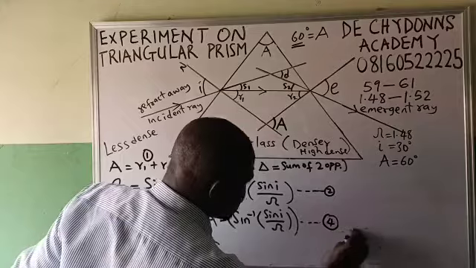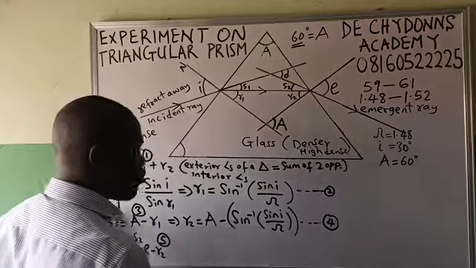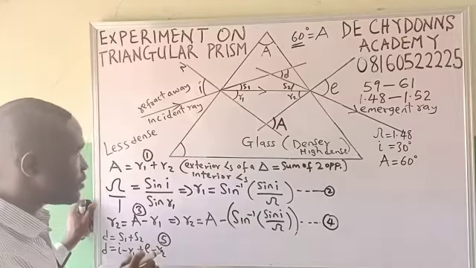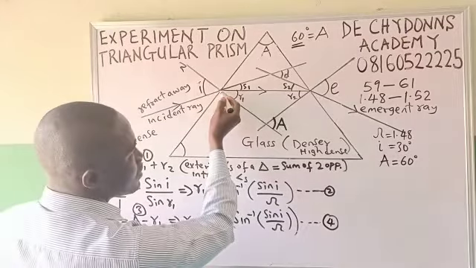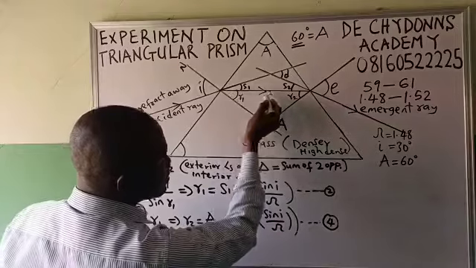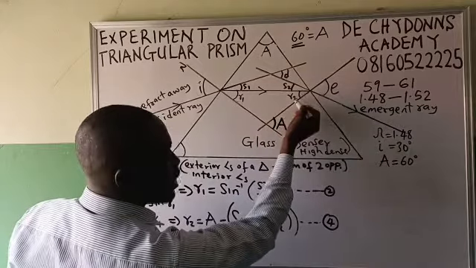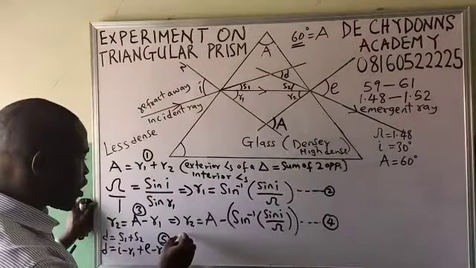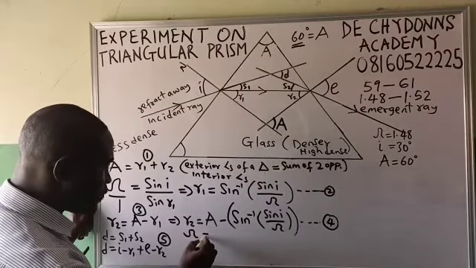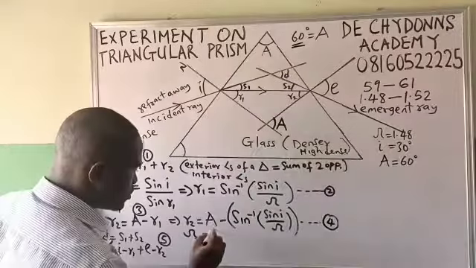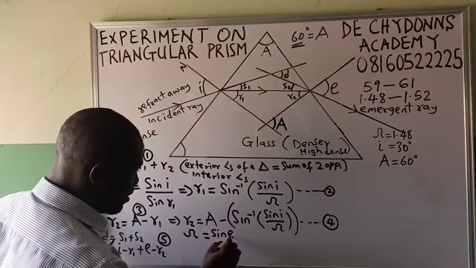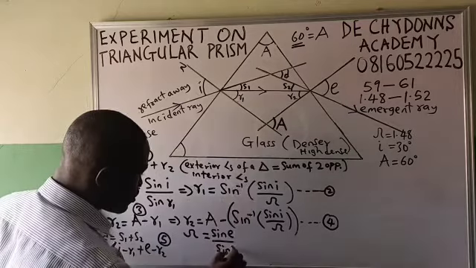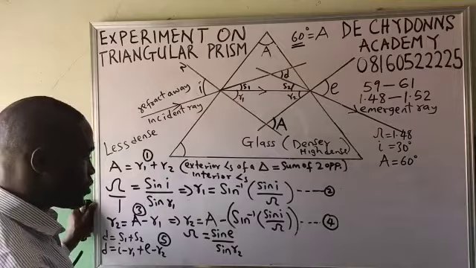Now, what is the value of E? We have not talked about that. So to get the value of E, look at this refracted ray. Look at R2 and look at E. Recall that refractive index is equal to sine of emergence all over sine of refraction, that is R2.